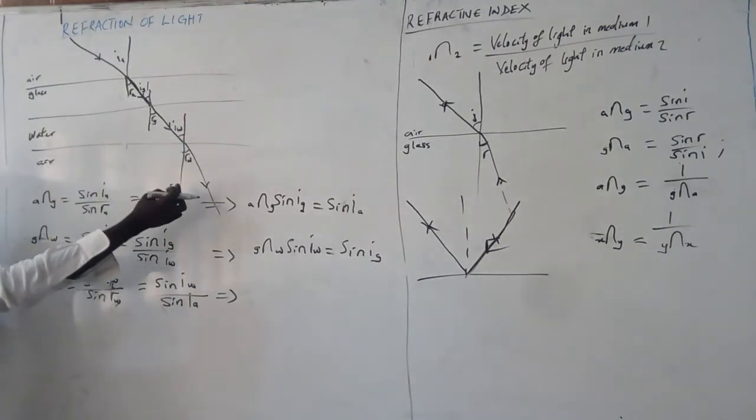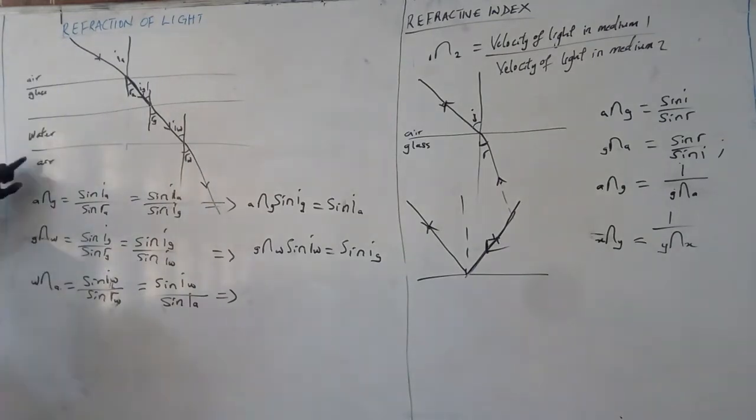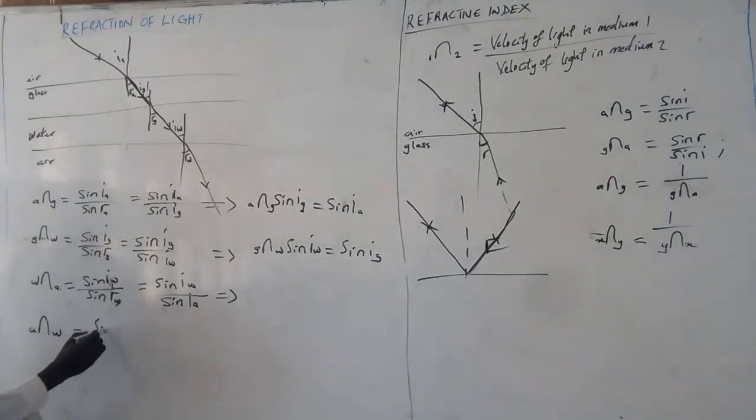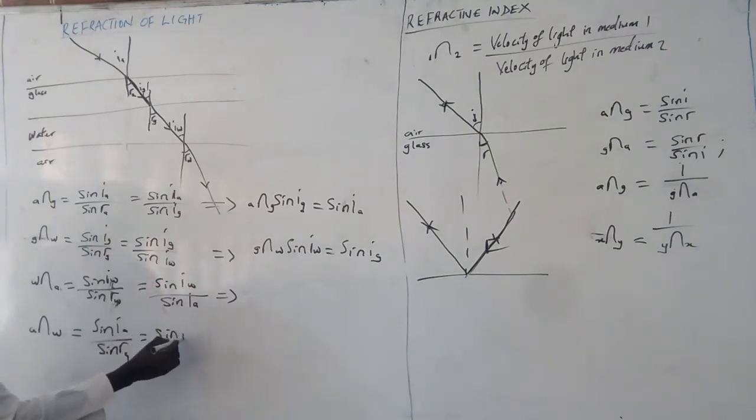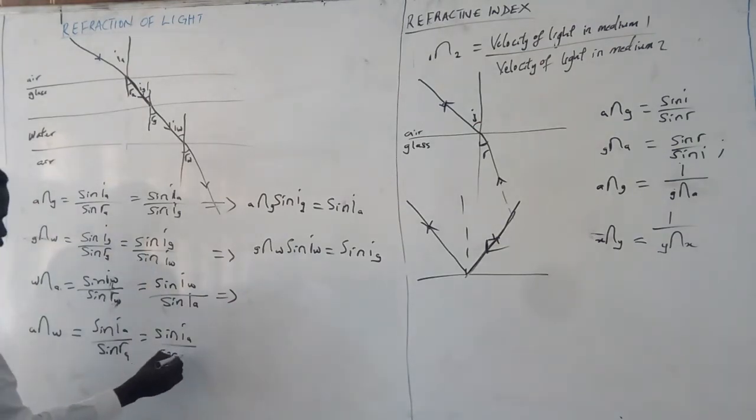That is, if light is traveling this way, from air to water, I can say from air to water is equal to sine I of air all over sine R of A, which is the same thing as sine I of A all over sine I of water.